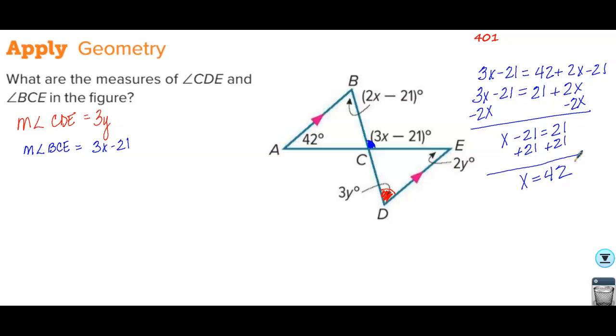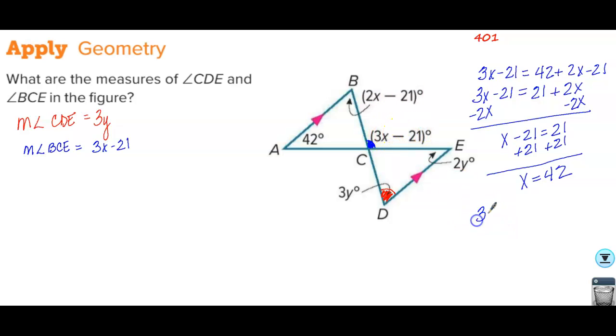Okay. Kind of coincidental that this is 42. I wonder if they did that on purpose or if that was an accident. Anyway, this one would be 2 times 42 minus 21. And this little blue guy, the one we're trying to solve for, he's 3x minus 21.